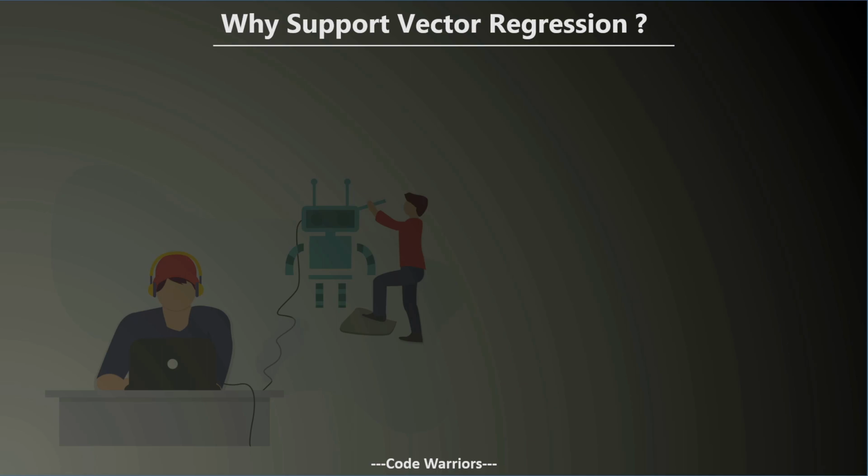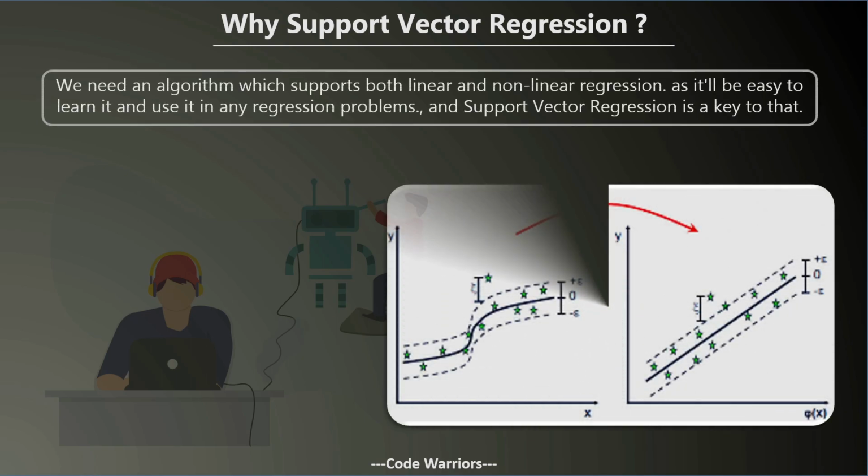That's why the advancement came. They may have thought to create an algorithm which can be used to perform both. I mean, at that time they needed an algorithm which can create a model using data having a linear relation, and also a model using data which has a non-linear relation.